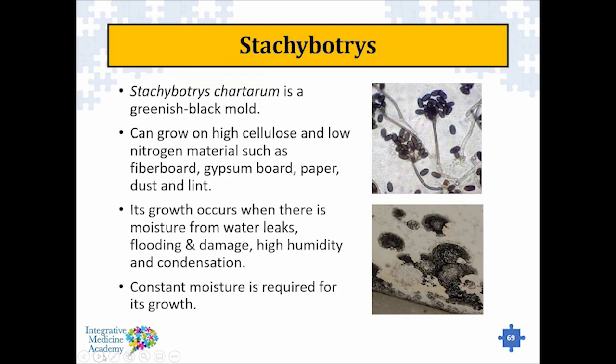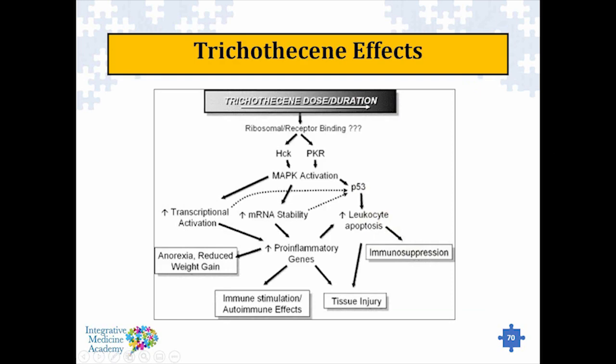The severe mycotoxins produced from molds like Stachybotrys, which is the black-green mold found in water damaged buildings where there's a constant source of humidity and moisture, can be extremely toxic because these mycotoxins, called trichothecenes, which get produced from some of these molds, are immune suppressive. They cause tissue injury, and they can even lead to mitochondrial damage.